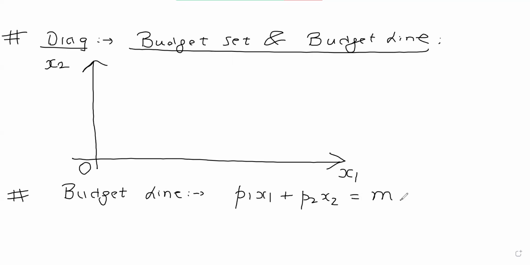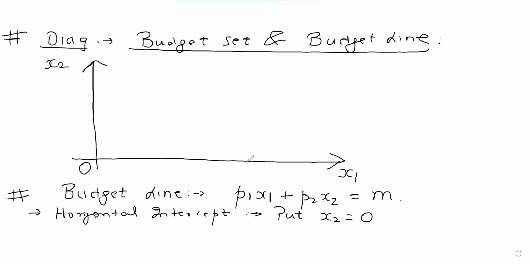Now, how do I find the intercepts? So, let's look at how do we find the horizontal intercept. To find the horizontal intercept, put x2 equal to 0.